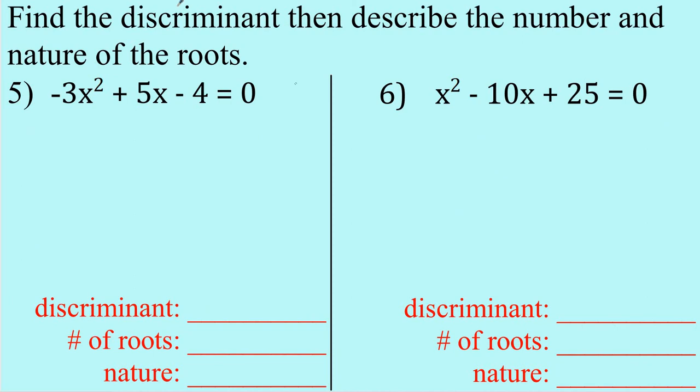All right, let's do a couple more. Feel free to try these on your own. So here we have 5 squared minus 4 times negative 3 times negative 4. So 25 minus, let's see, what do we get?